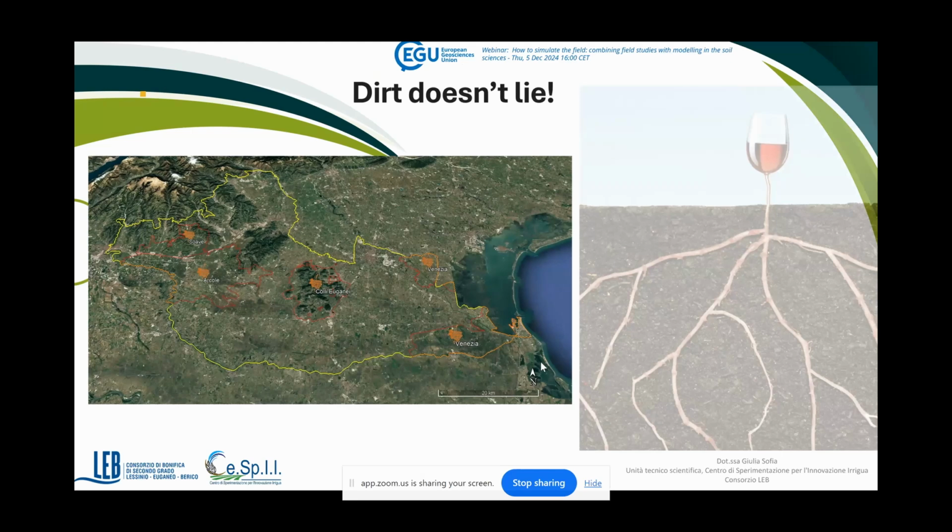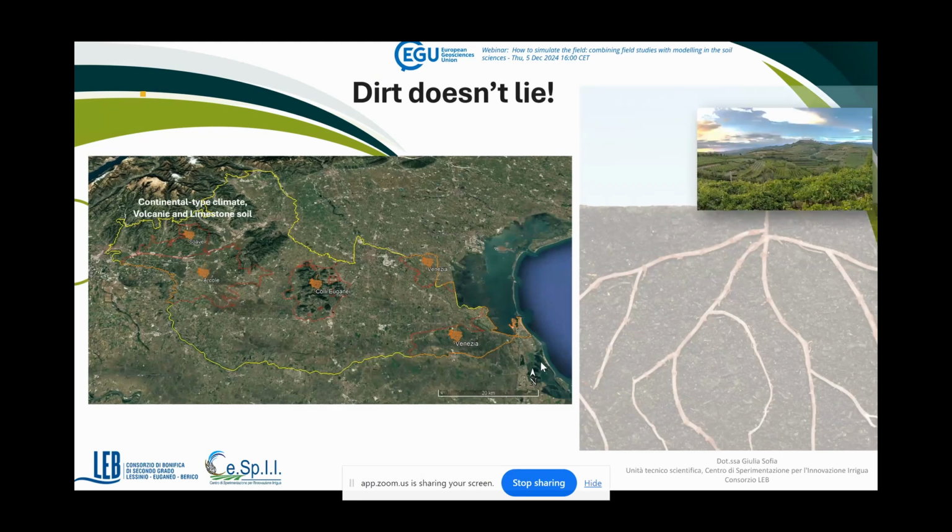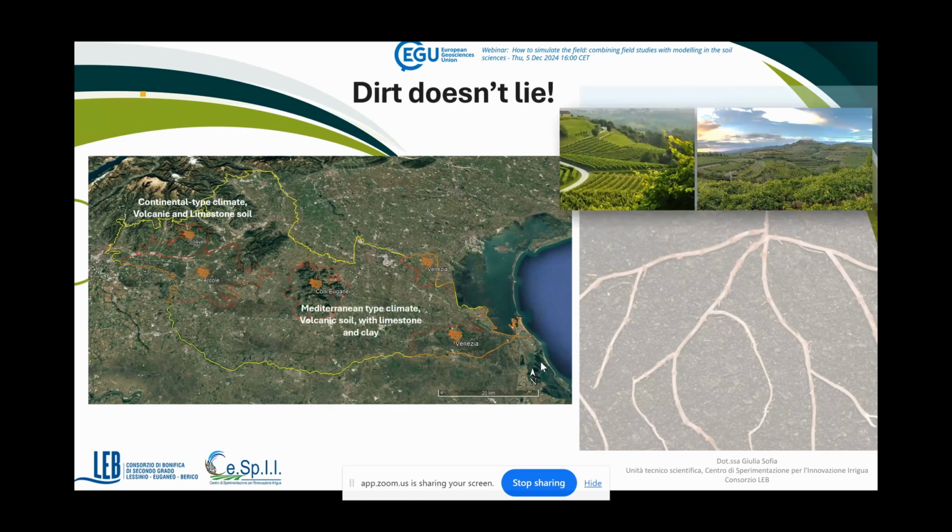We have a very extensive land, and you can find soils of, for example, volcanic or limestone in continental climates. And within a few hundred, actually 50 kilometers, you get similar soils, but in a Mediterranean climate setting.